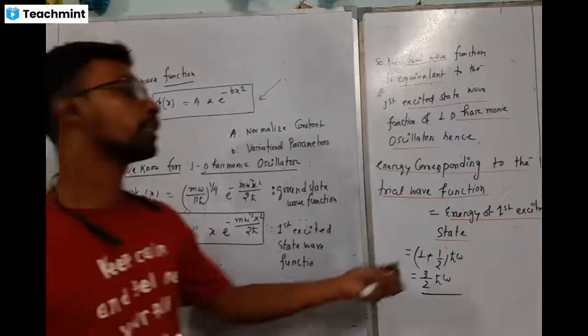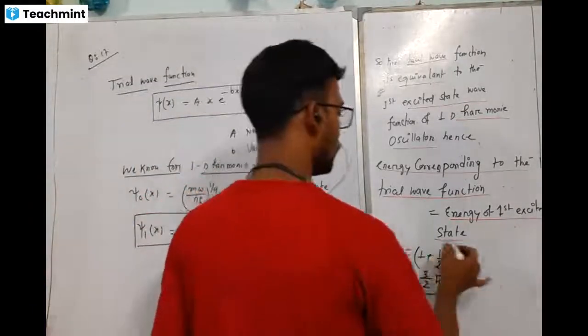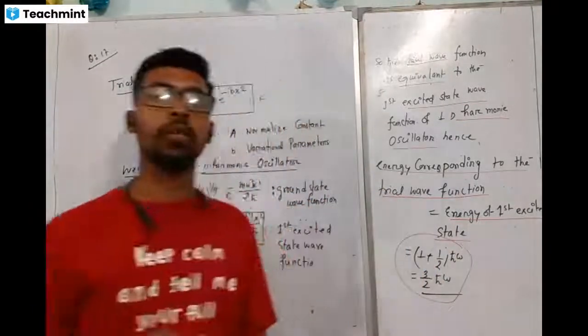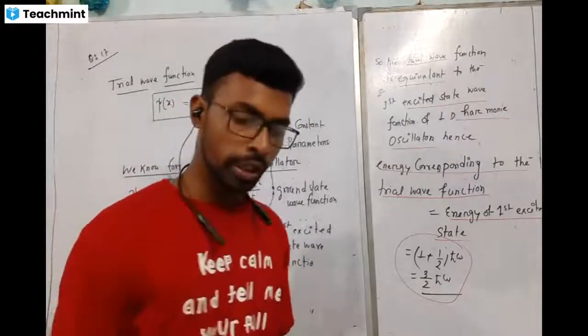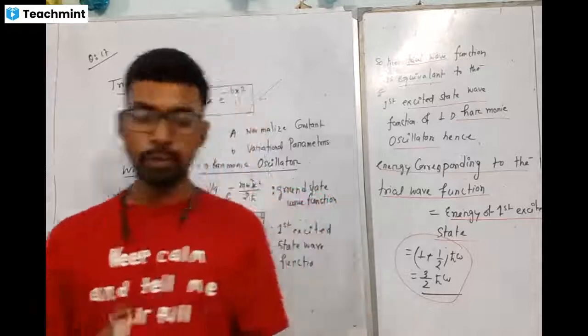So for first excited state n equals to 1, we put it in the expression and we get the value of this energy 3 by 2 h cut omega. So in this way we can complete our test.